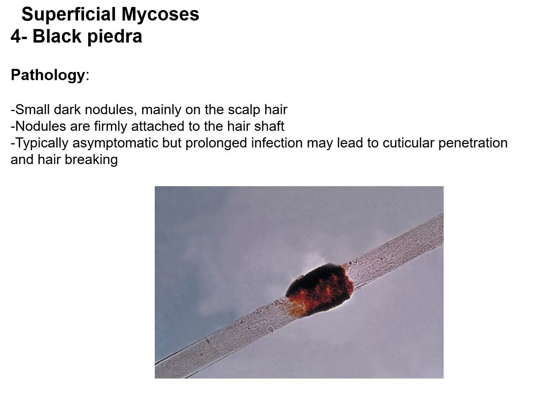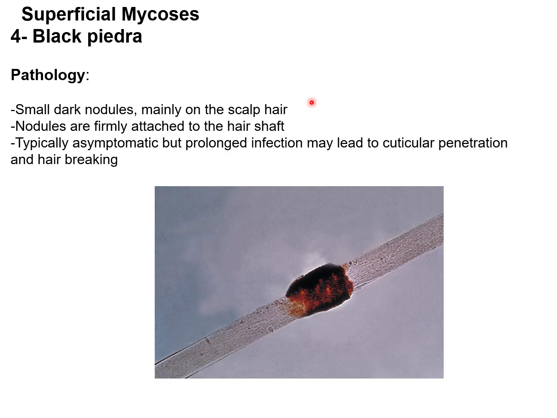They're not as loose or as soft as the white piedra, and they are blackish. And they're mainly seen on the scalp hair, unlike white piedra, which is less commonly seen on scalp hair. And so the black piedra is not usually seen on other areas of the body. So it's mostly the scalp hair.